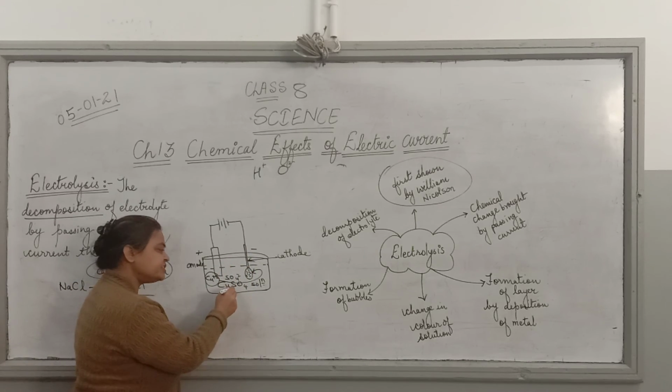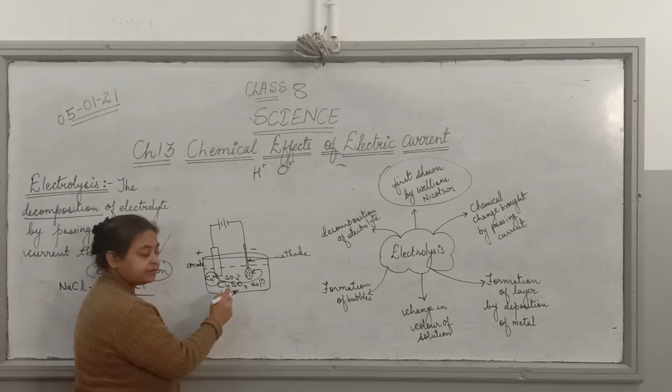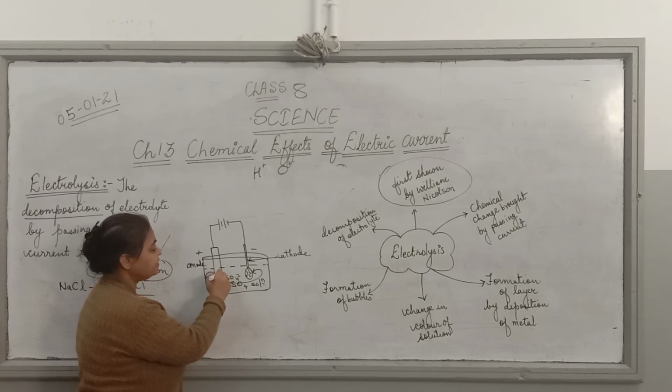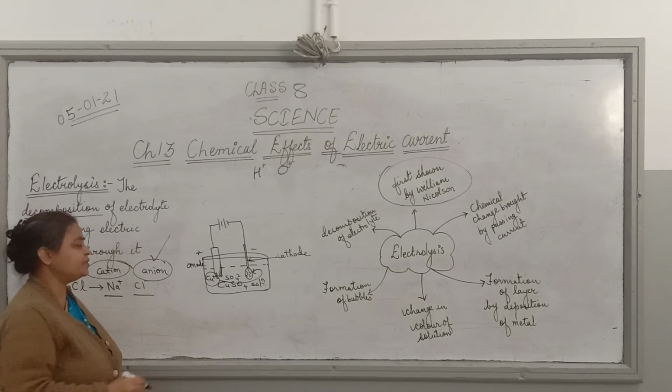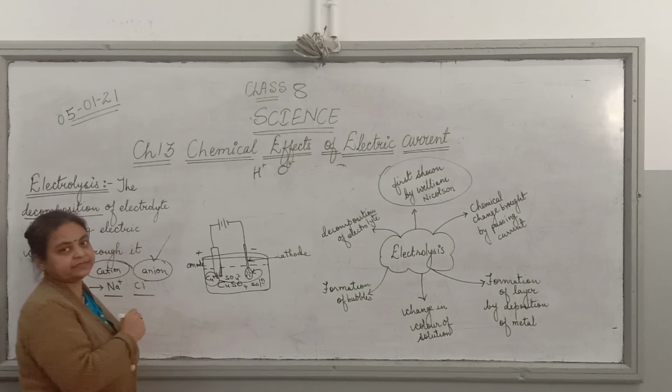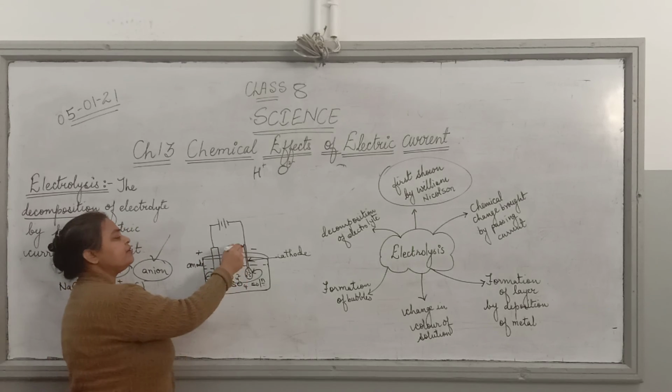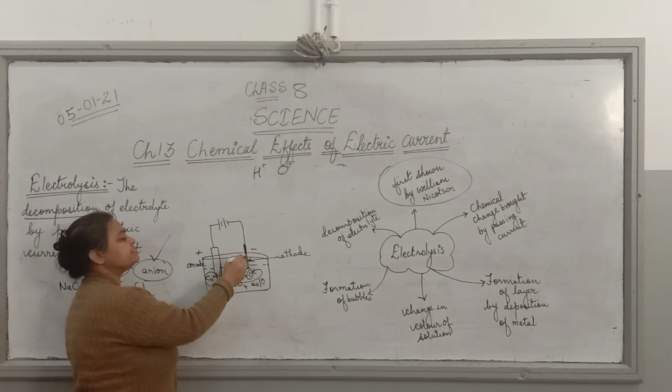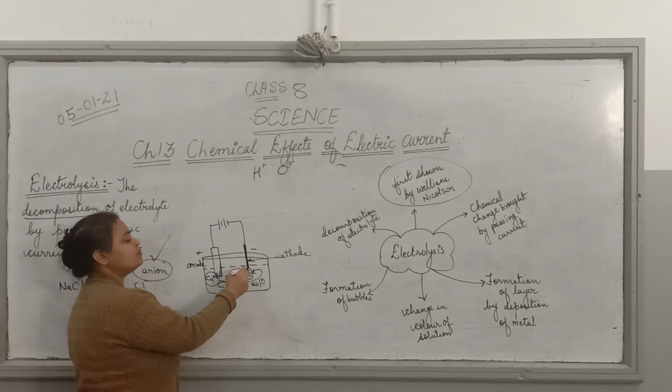Now there is deficiency of copper ions in the solution. So this rod will start dissolving. This copper rod will provide more copper ions. And a very thin layer of copper will be deposited on this spoon, and it will look like a copper spoon.